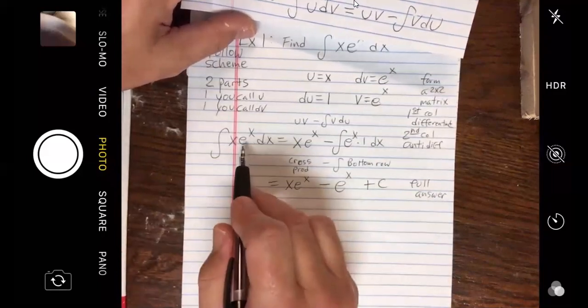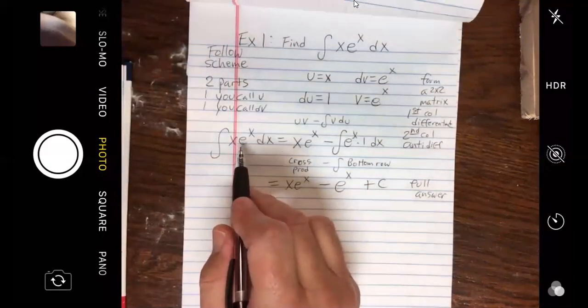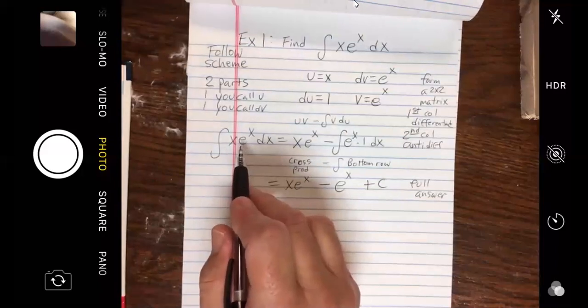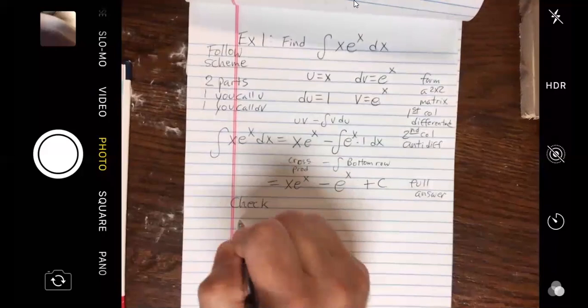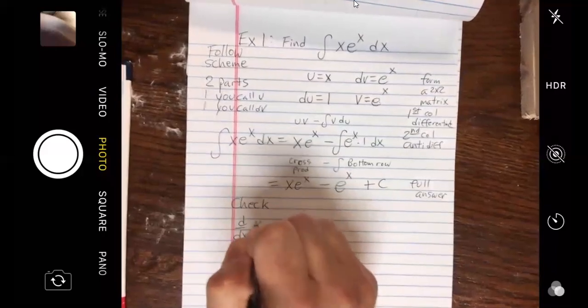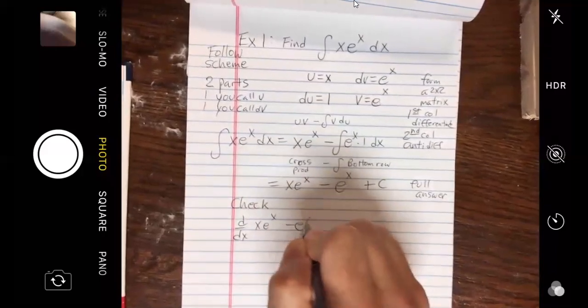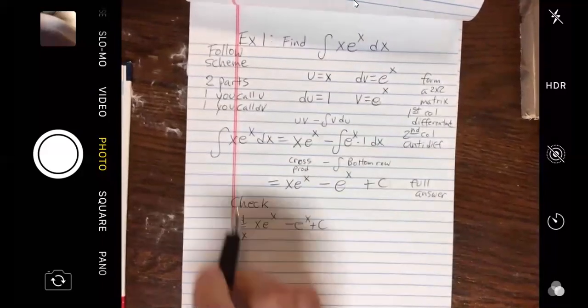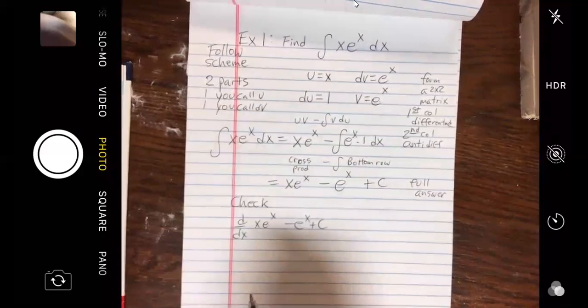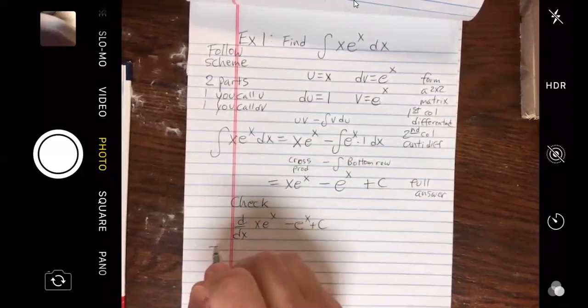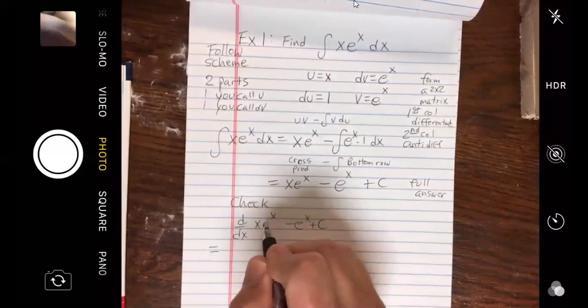And I'll do the first one for you just to try to give you some confidence in this. So here's your check. Take d dx of x e to the x, subtract e to the x, add c, and we better get back the original e to the x. If we don't, I'll quit on the spot. Okay, well, this is a product. Works by product rule.